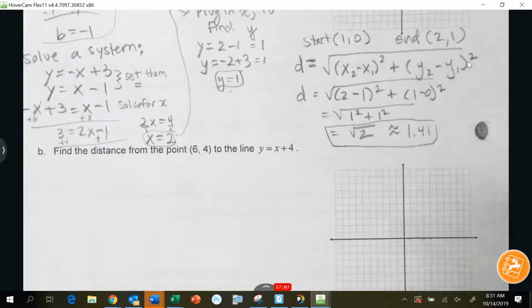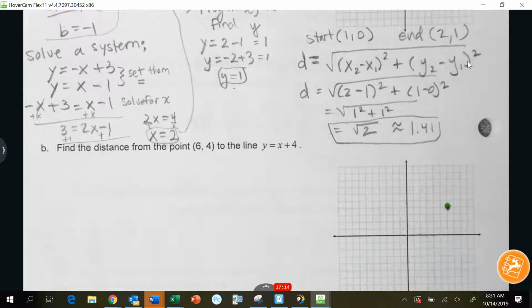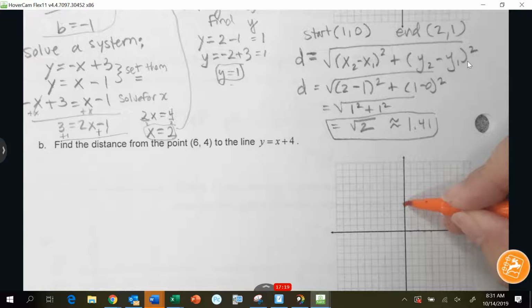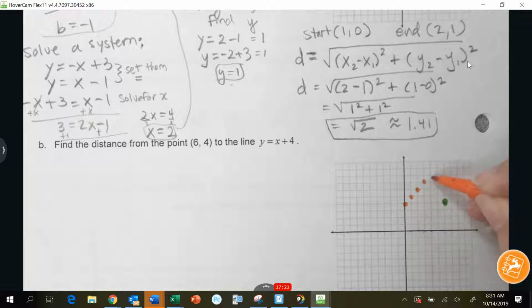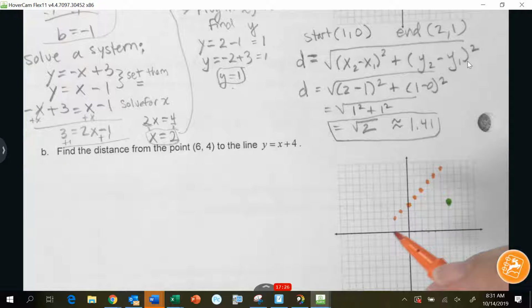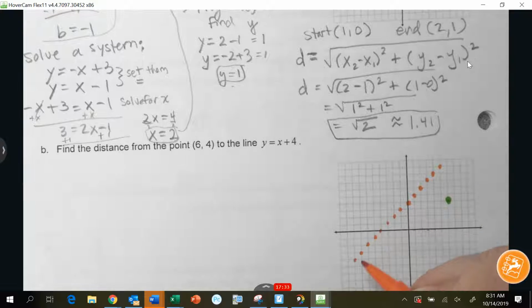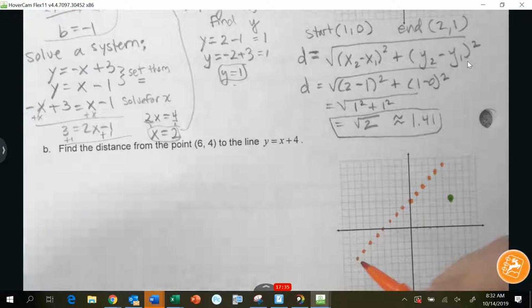So the point (6, 4), and then the line y equals x plus 4. Is that up there?